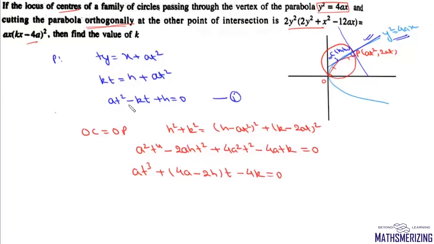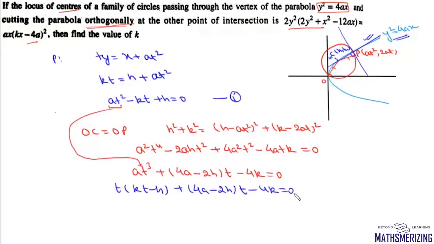Now we'll need to eliminate this t. So what we'll do is we'll take this at square and put its value in this first expression. So we'll take this t common, and then we'll write at square as kt minus h. So it'll be kt minus h plus 4a minus 2h into t minus 4k equals 0.